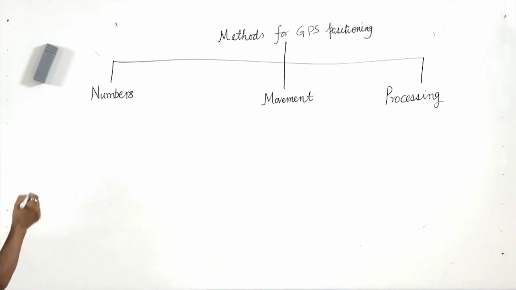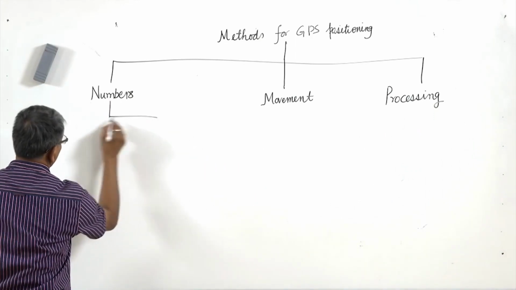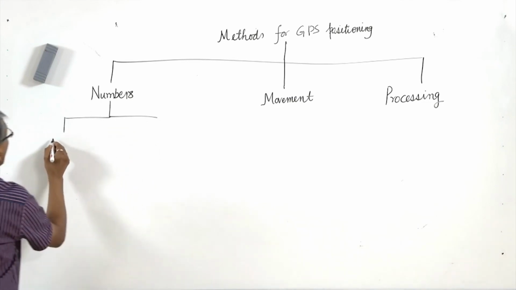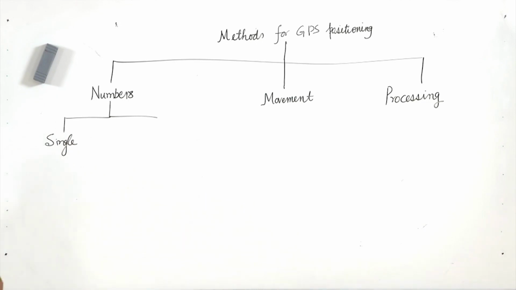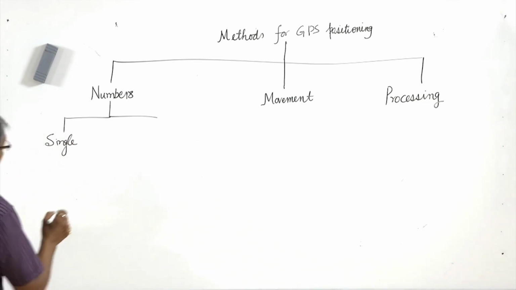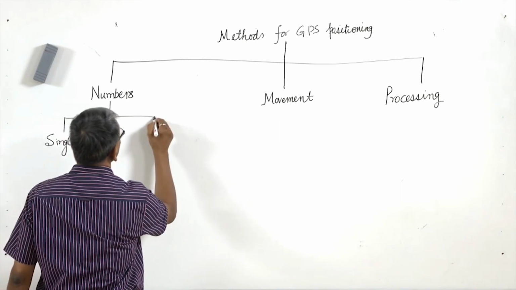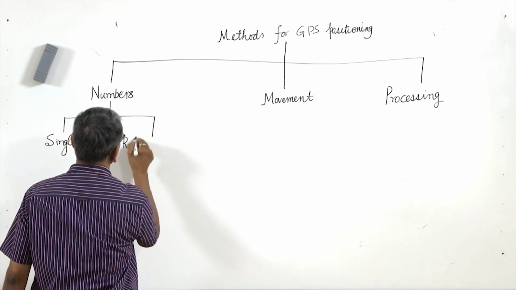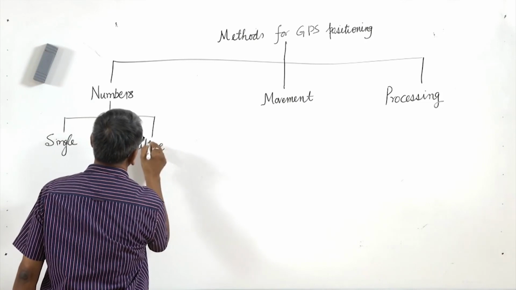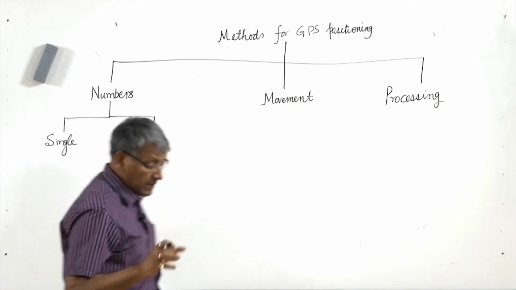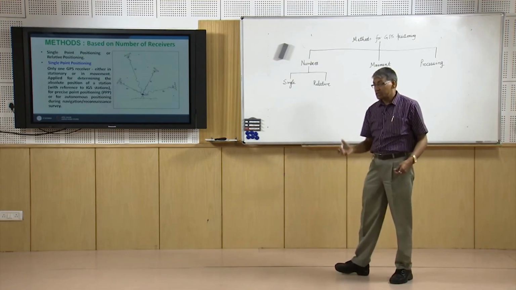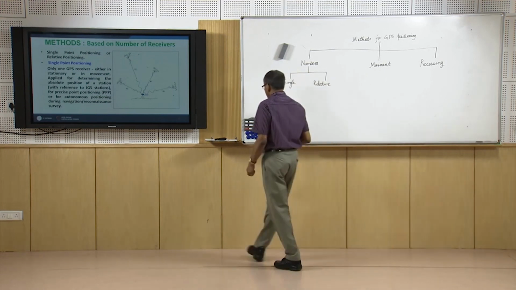Now, on the basis of number of receivers, there are basically 2 types. One is that if we make use of a single receiver, that is called single point positioning or point positioning, and the other type is called relative positioning, where we use more than one, that means minimum 2, or it may be more than 2.